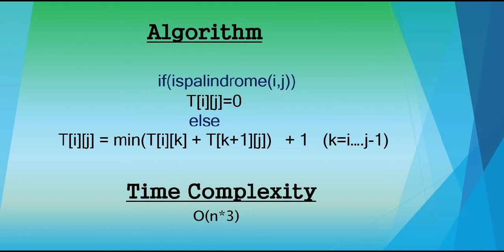Else, if it is not a palindrome, then T[i][j] is going to be the minimum of T[i][k] plus T[k+1][j] plus 1. So 1 stands for the minimum split that we are putting on, in order to form our test cases, where the value of k ranges from i to j minus 1. The time complexity of this dynamic programming solution is O(n^3).